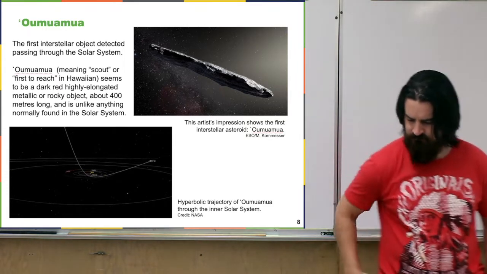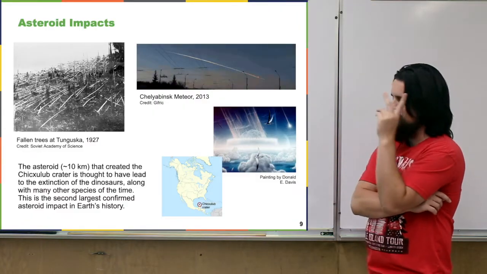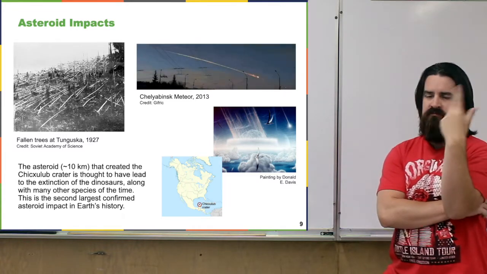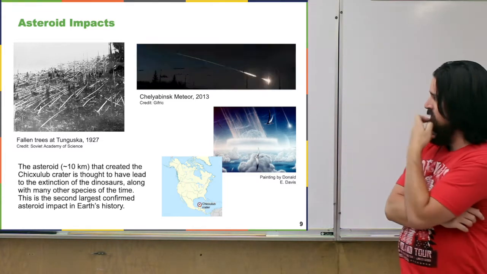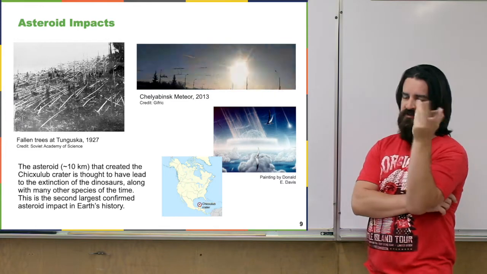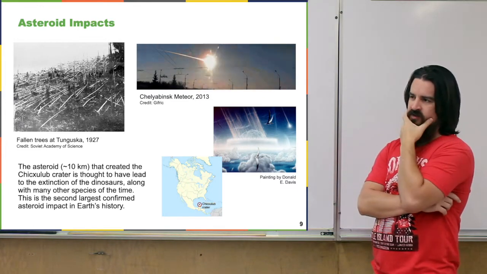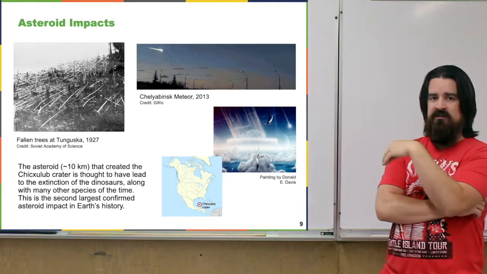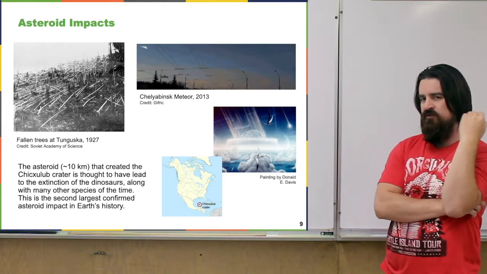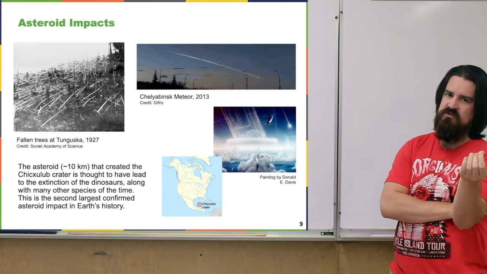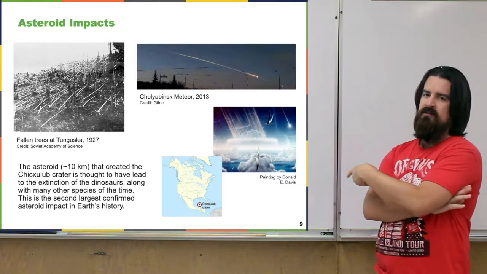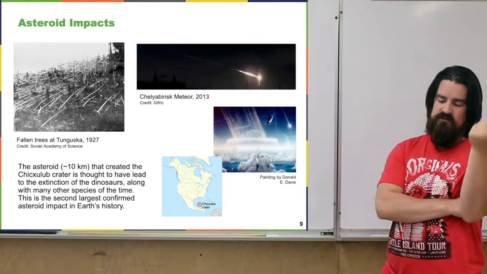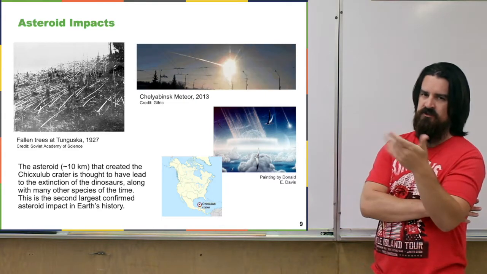Interesting stuff. As I mentioned earlier, there are plenty of asteroids that pass near Earth. A lot of small asteroids, the smaller you get, the more asteroids there generally are. Some of them will actually impact Earth's atmosphere, and the majority of those are fairly small, and so they end up burning up in the atmosphere, and that's what we call a meteor, often called a shooting star.